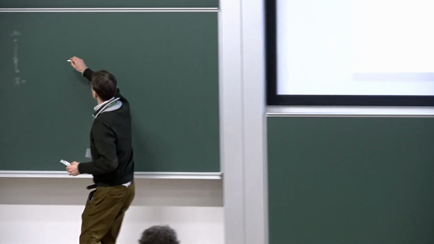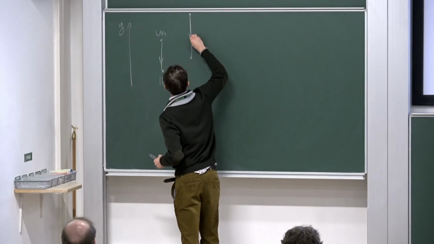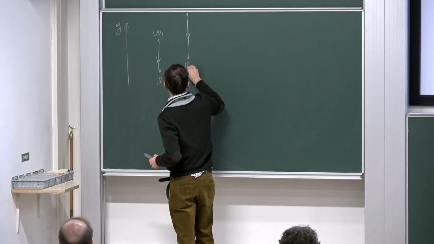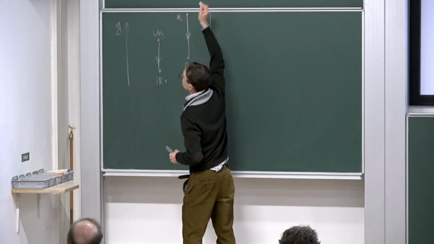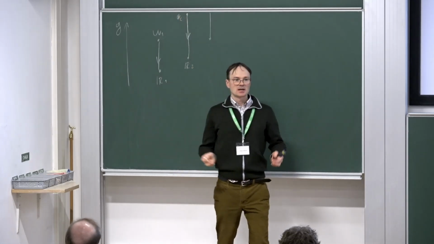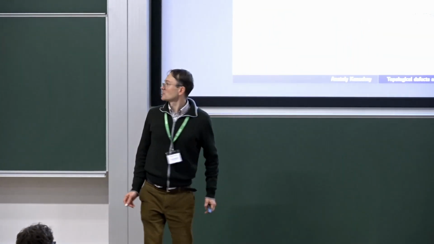So you can picture it as some kind of flow. The fused flow will look like this, higher up, starting from some UV2 and ending at IR2, and you can lift that one further because you can keep acting by all the non-invertible TDLs you have.